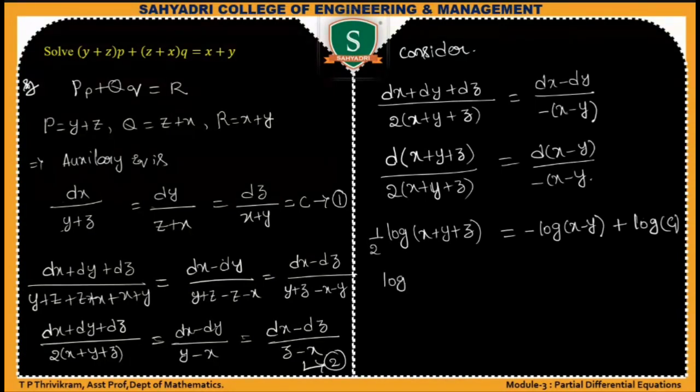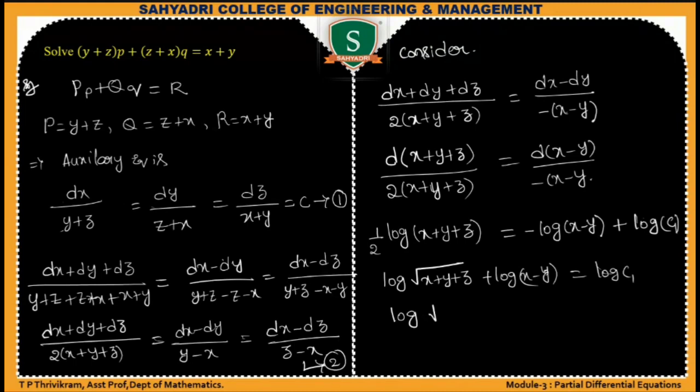Log of this can be written as root of (x plus y plus z), since 1 by 2 to the power m log a, I have taken as log a power m, plus log of (x minus y) is equal to log c1. Plus means into: log m into n.